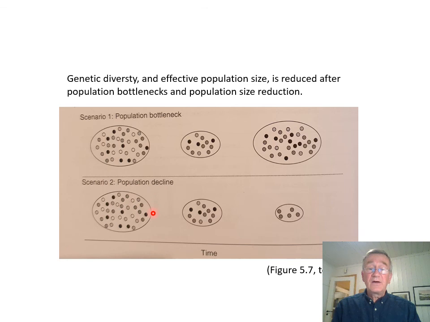In this scenario, you have the same population as here. It has gone through a bottleneck, and it ends up with a smaller population, just like here. But in this case, there is not this situation of regaining, where it grows and the population becomes large again. It keeps its small size, and maybe even becomes smaller, and there is genetic drift, so that some alleles will go extinct, and one allele will be fixated.